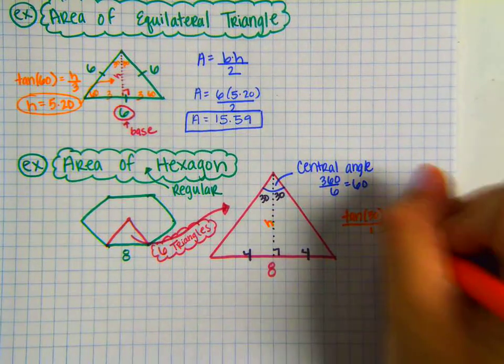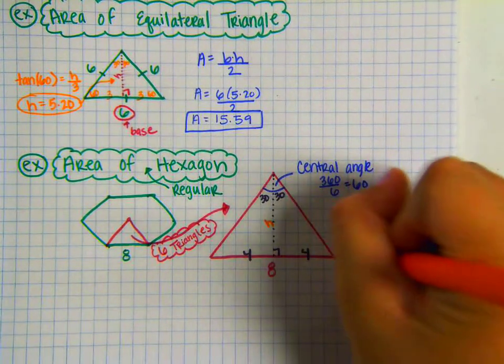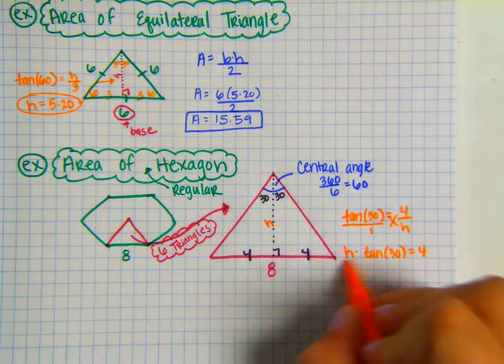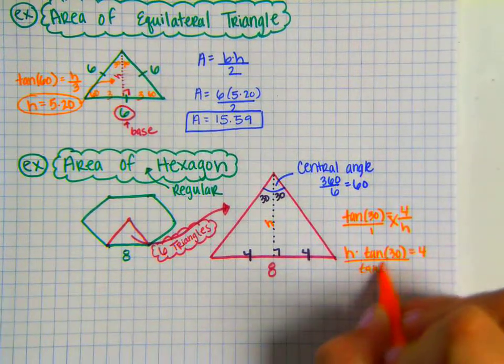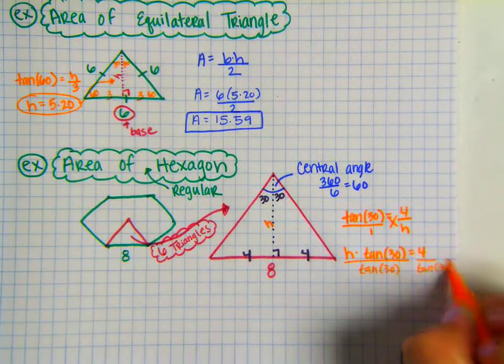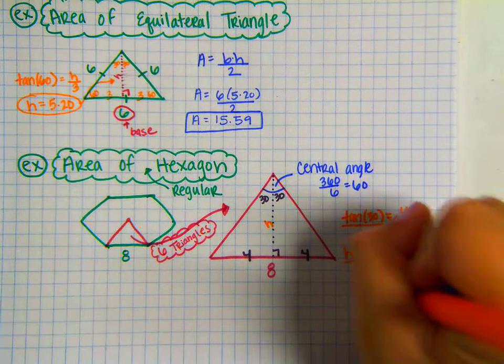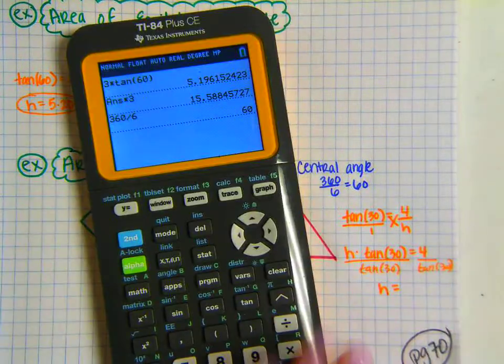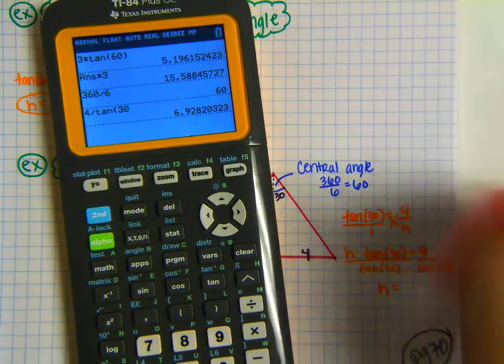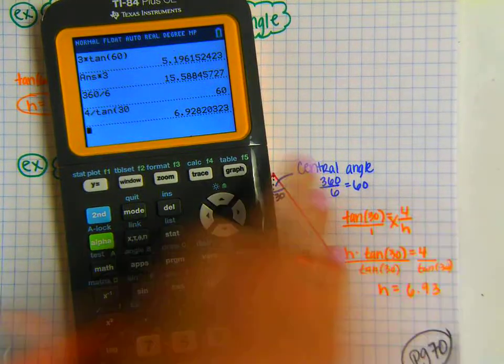And when you solve this, this will be h times the tangent of 30 equals 4. Divide by the tangent of 30. And we get h equals, and let's put that in our calculator, 6.93. So that's our height.